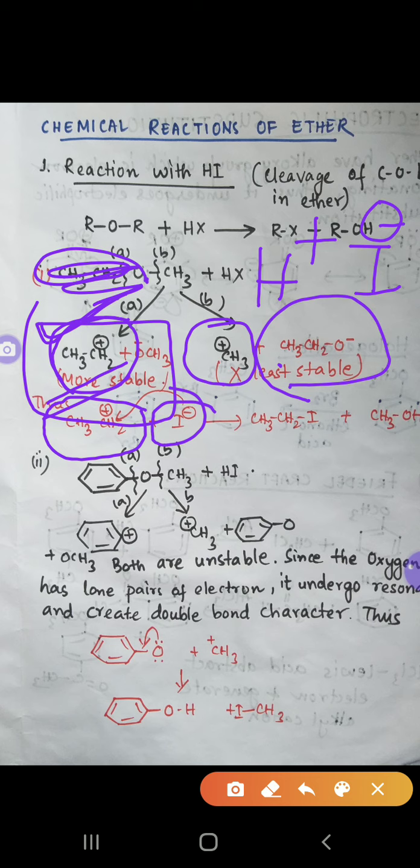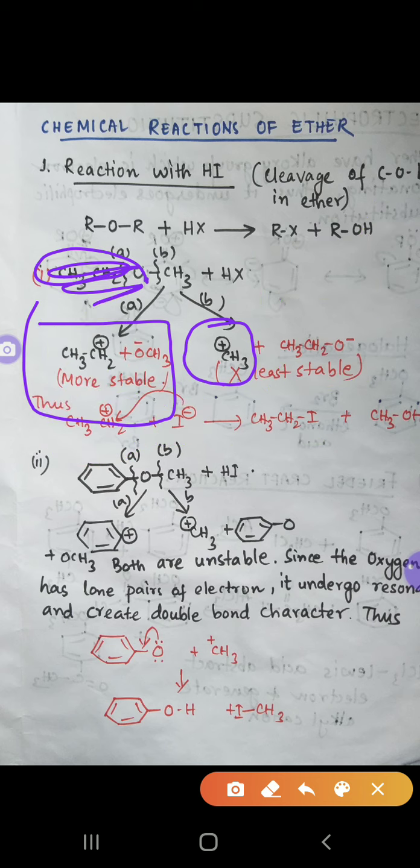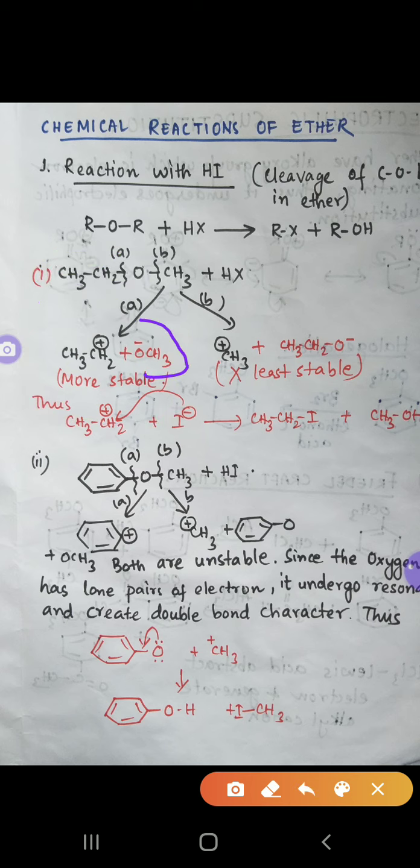So I minus gets attached to the ethyl carbocation and we get ethyl iodide, and the remaining part is CH3O minus. The H plus gets attached to CH3O minus, and it becomes CH3OH. Okay, this is the first reaction.